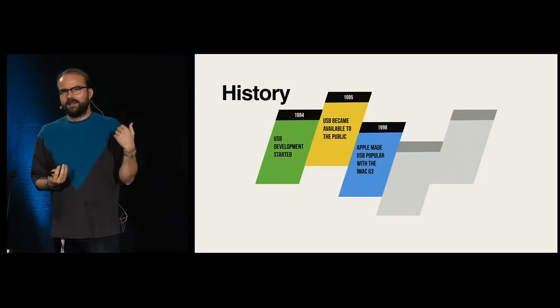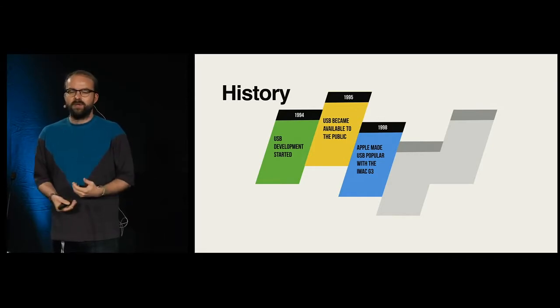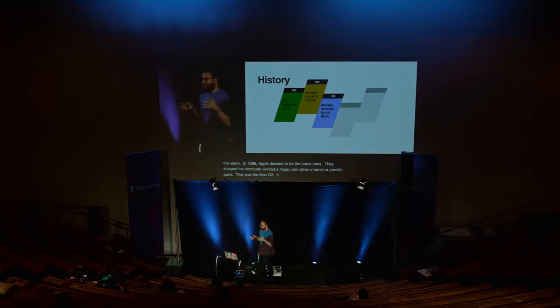In 1998, Apple decided to be the brave ones. They shipped a computer without a floppy disk drive, and more importantly, without any serial or parallel ports. That was the iMac G3. It only had USB to connect things, so that was really kickstarting the USB movement.